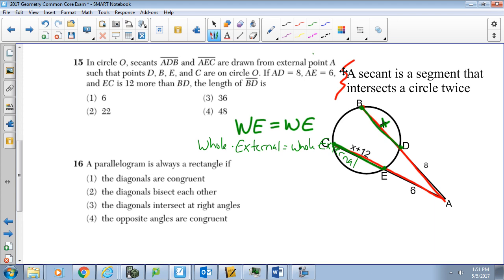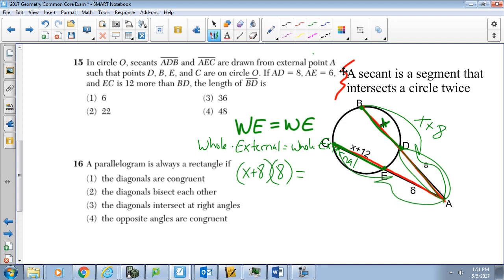So the whole up here is going to be both of these sides together, so that's going to be x plus 8. Now, what's the external part? The external part is just this part that's on the outside of the circle. So we're going to have the whole, which is x plus 8, times the external part, which is 8, is equal to the whole.